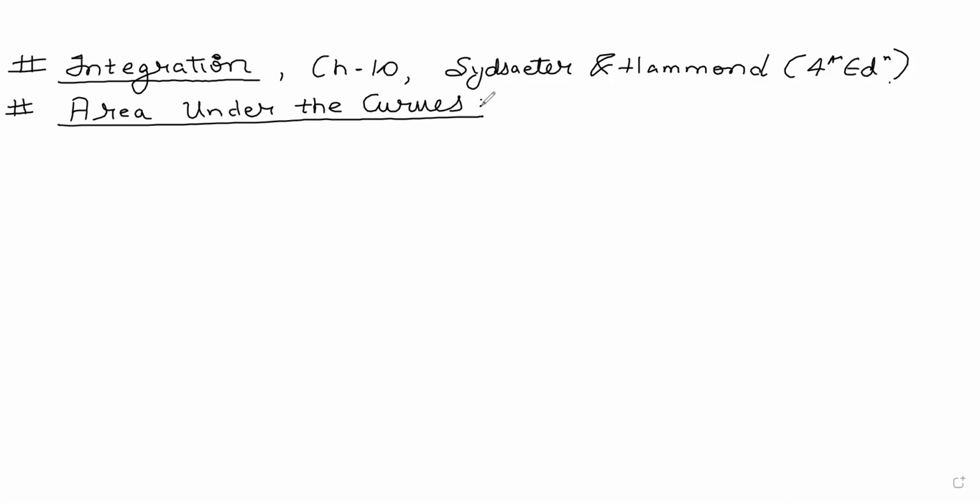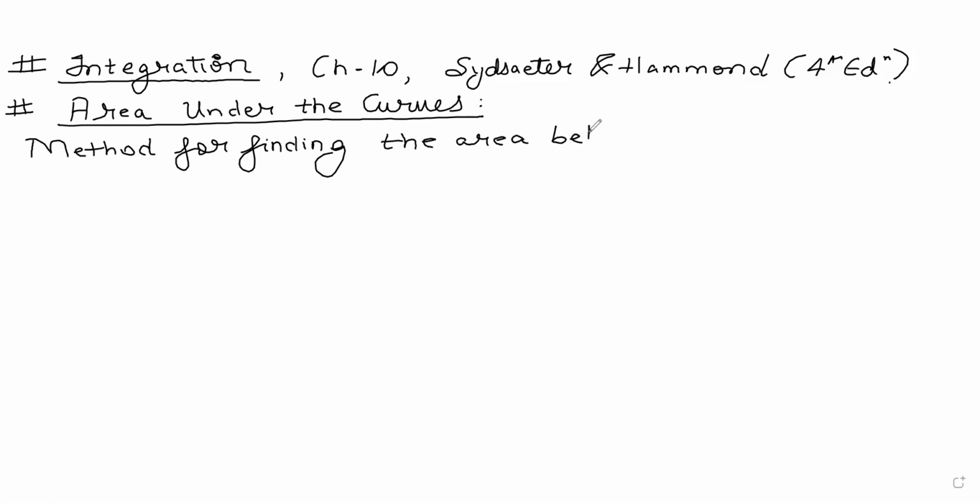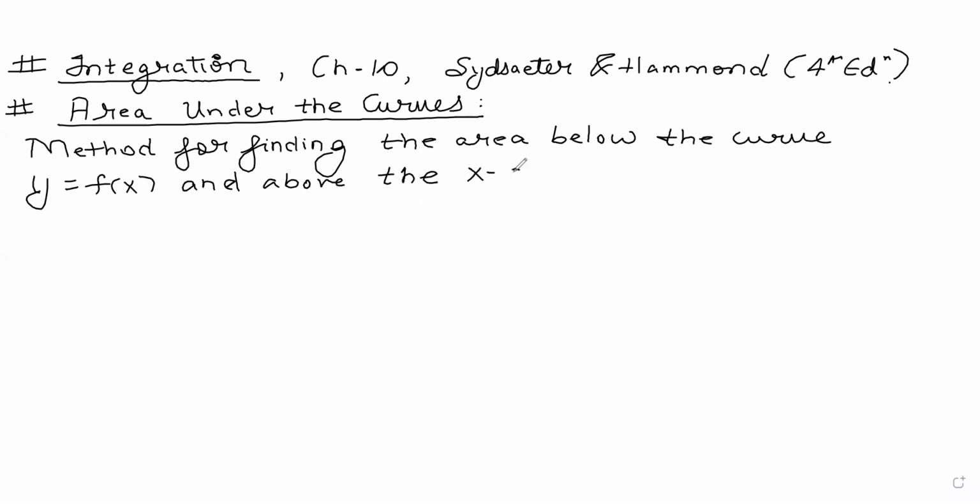So we are interested in looking at a method for finding the area below the curve y equal to f of x and above the x-axis from x equal to a to x equal to b.